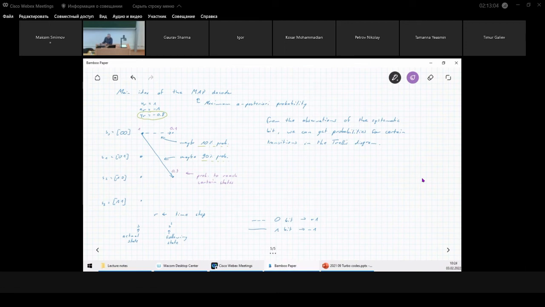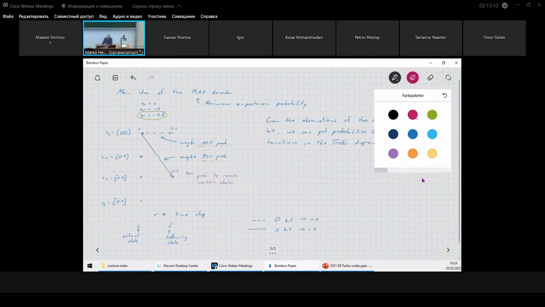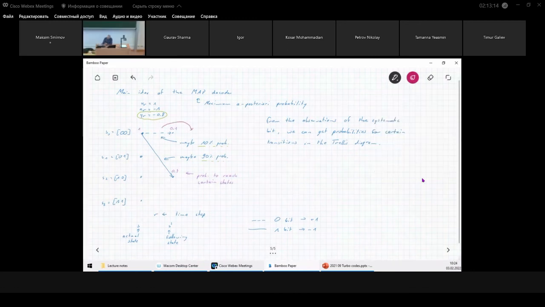And now you can imagine how the story will continue. We will do the same thing for the upcoming bit. Same thing for the next bit.